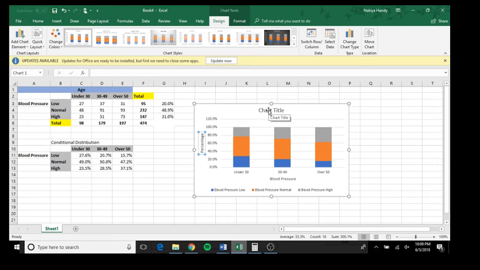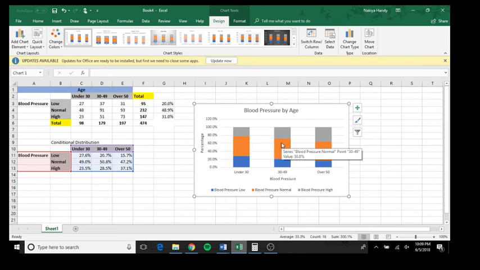I'm going to call this chart blood pressure by age, because that's what it's based on.